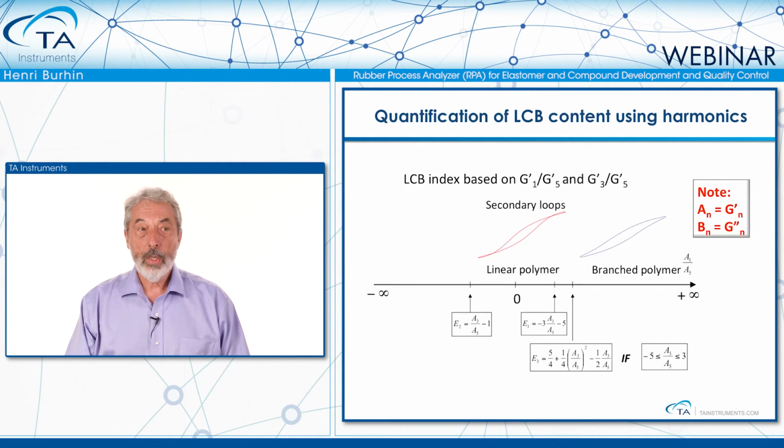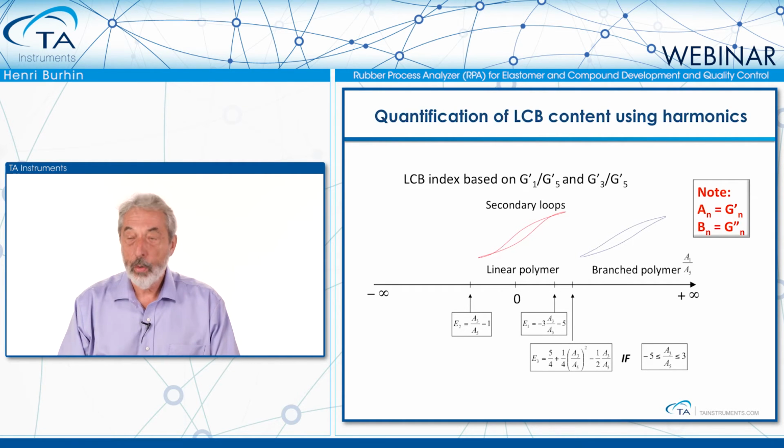So what we do is we make a ratio of G prime 1 over G prime 5, and this can vary from minus infinity to plus infinity, and we're going to compare that to a rather complex calculation of the ratio of G prime 3 over G prime 5.